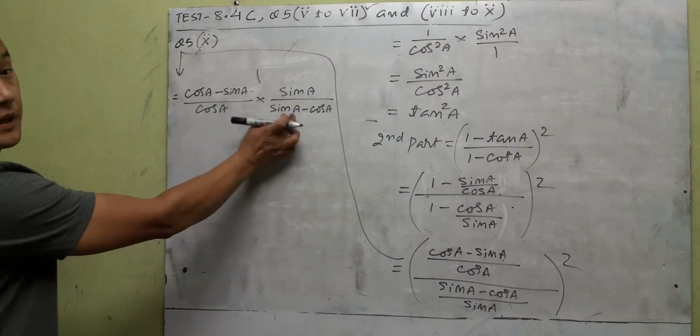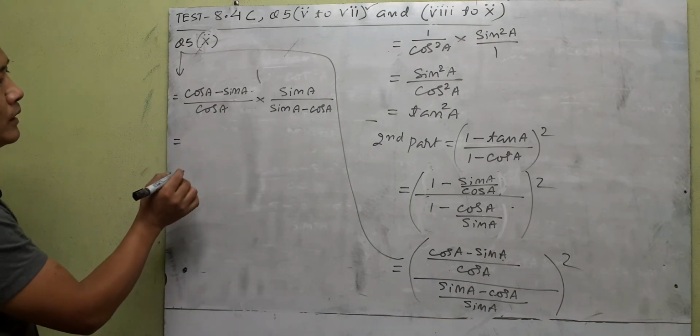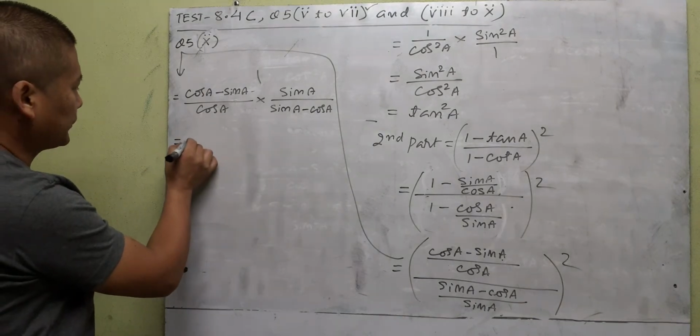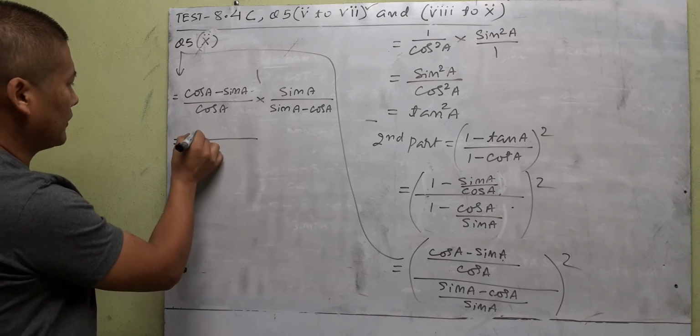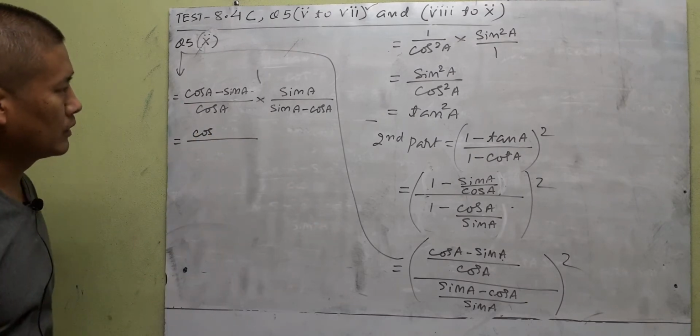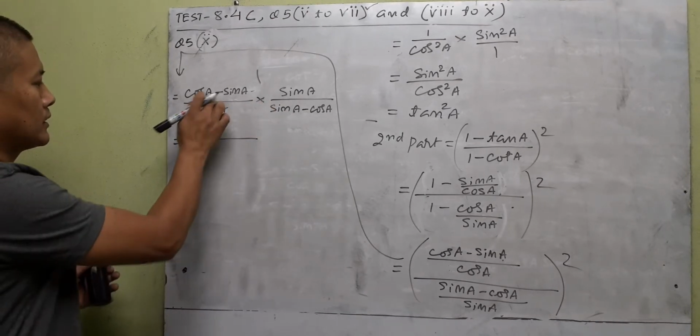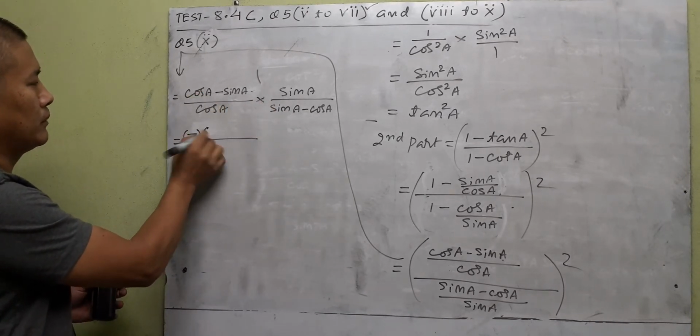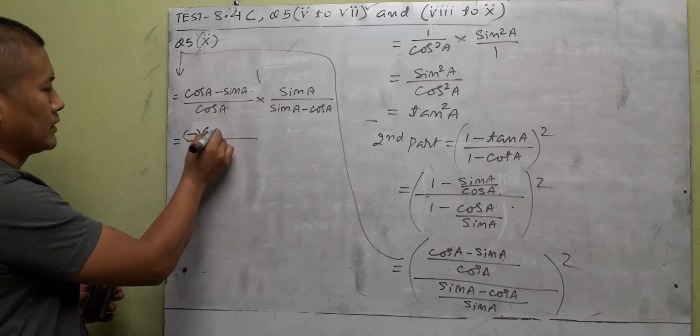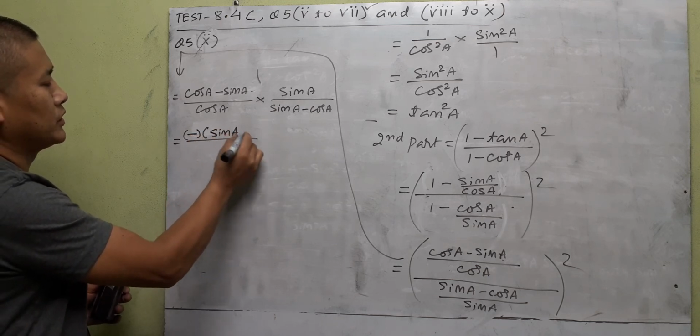Now these two can be matched up, so we can cancel them. How do we do that? See here, this is fine. If you want, just keep it as it is, or you can match this one with this one also. That will be easier for you, I think. So let us take out the minus sign from here: minus into plus is minus sine A, so nothing should change.